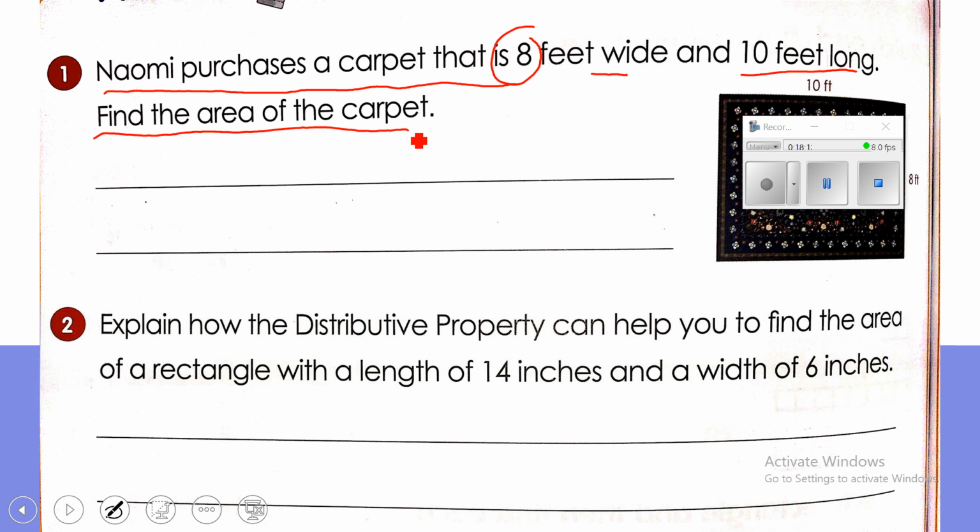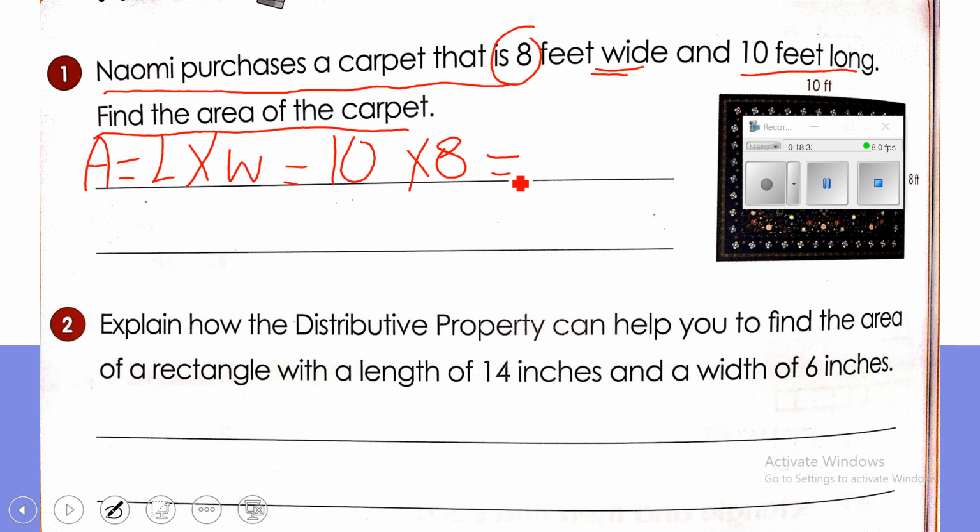So I can say that the area of a rectangle is L multiplied by W. What is L? It's 10. Multiply. What is W? This is the width. It's 8. Equals.